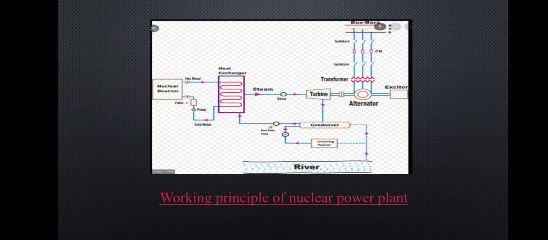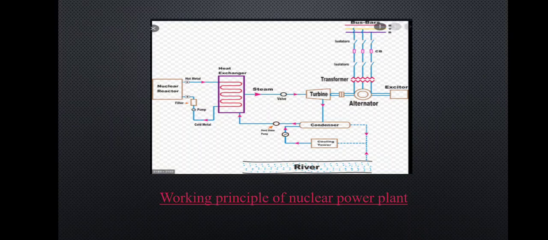The water is heated and flows to the heat exchanger so that it changes into high temperature steam. Then the steam which is produced is permitted to run a steam turbine. Again the steam is changed back into coolant and recycled to the heat exchanger.